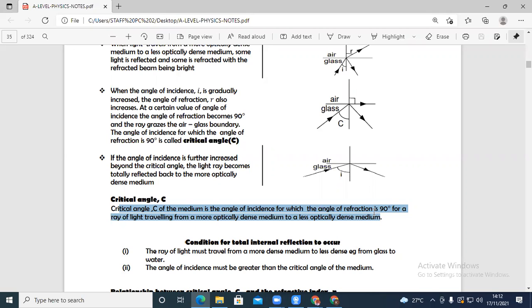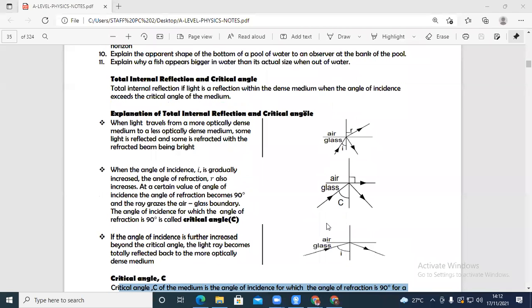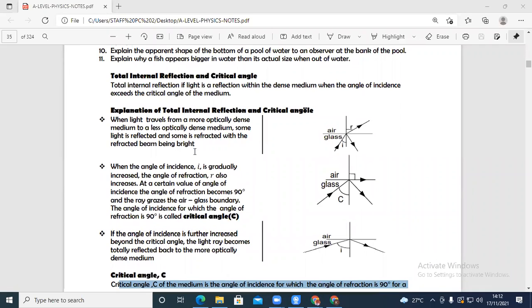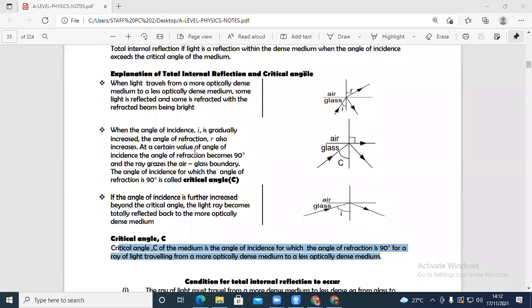Because glass has a higher optical density compared to air, and that ray of light will be reflected if and only if the angle of incidence is greater than the critical angle. And we have said what critical angle is. So for critical angle to occur, there must be an angle of incidence, and an angle of refraction which is 90 degrees.